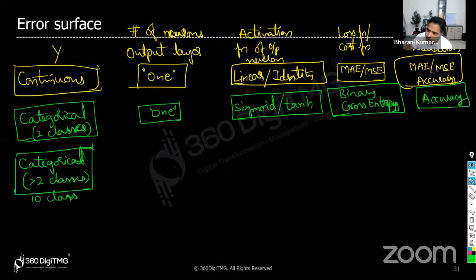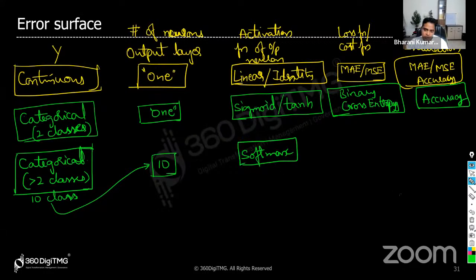In the output layer, how many neurons do we have? 10 neurons. Because 10 classes. What about the activation function? Softmax, absolutely. We use softmax activation function.